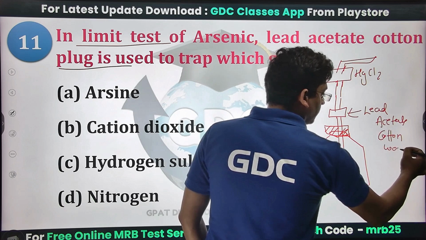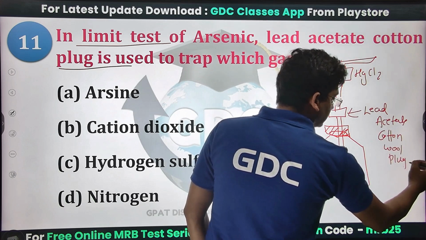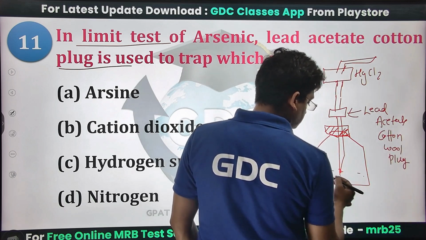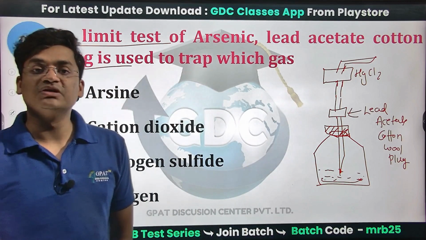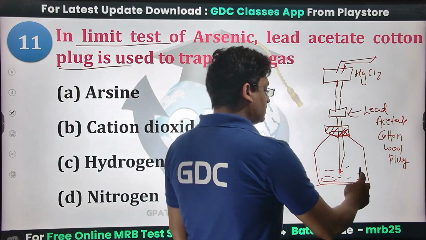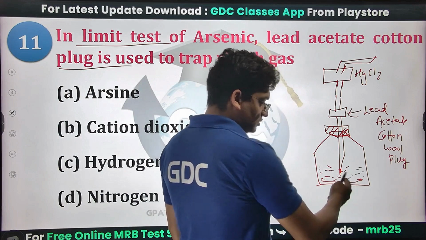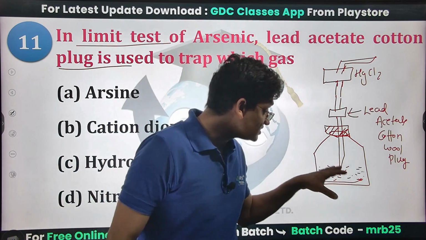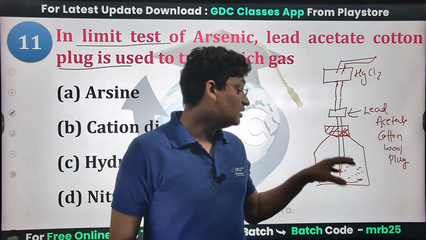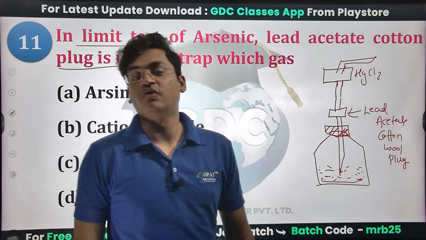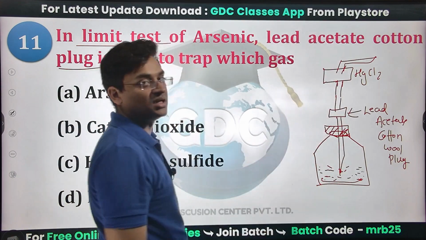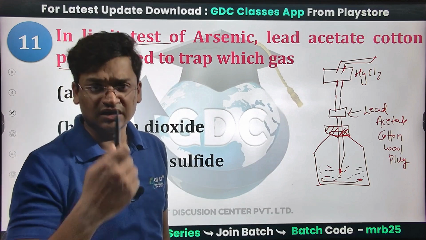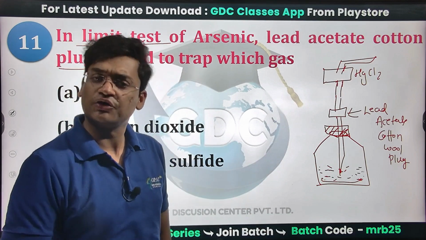This lead acetate dipped cotton wool plug is responsible for trapping H2S gas. When we react the compounds in this bottle, the reaction also leads to the formation of H2S gas, and that H2S gas can hamper the result by giving unwanted stains on the mercury chloride paper.